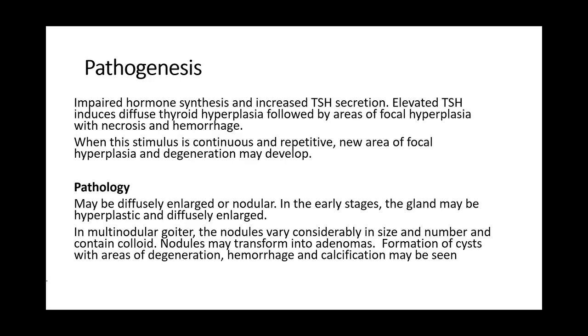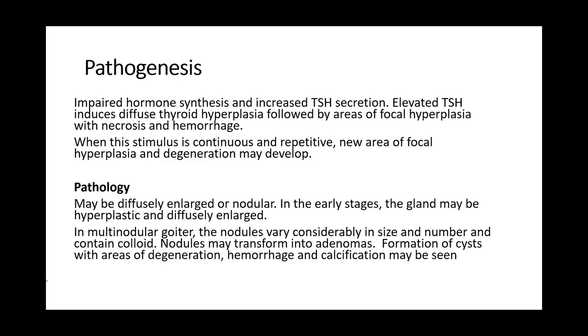Now the pathology you should know: it may be diffusely enlarged or nodular. So in the early stage, the gland may be hyperplastic and diffusely enlarged. In the multinodular goiters, the nodules vary considerably in size and number and contain colloid. Nodules may transform into adenomas.